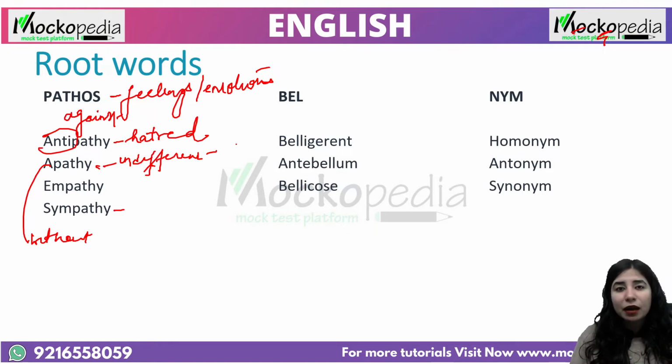And if your friend comes and tells you, I've got a backlog and I'm so sad, and you say, why are you bothering me? How does it matter to me? Then you're showing indifference. That's apathy. And antipathy is a hypothetical thing, we usually don't do it with our friends. But if a friend comes and you tell him, don't you study, how did you get a backlog, are you a donkey? Then this is antipathy.